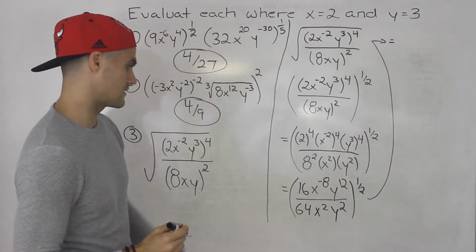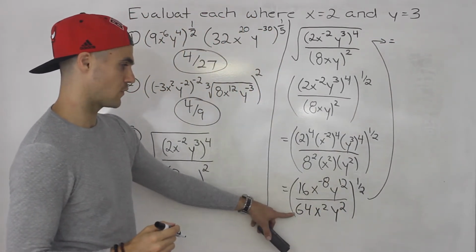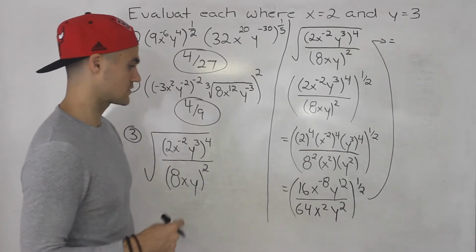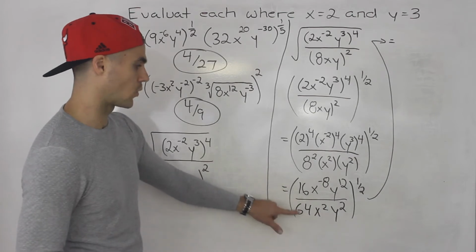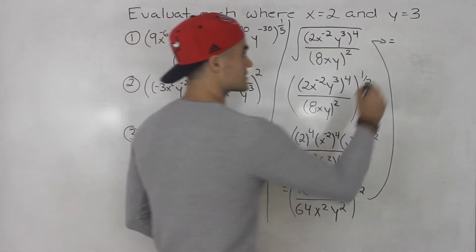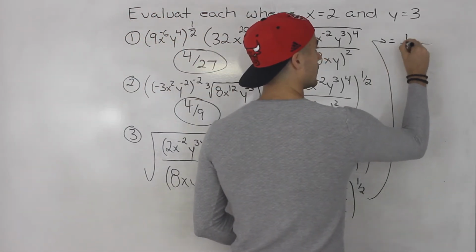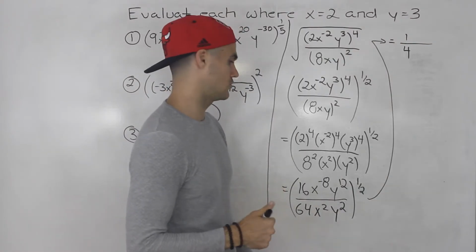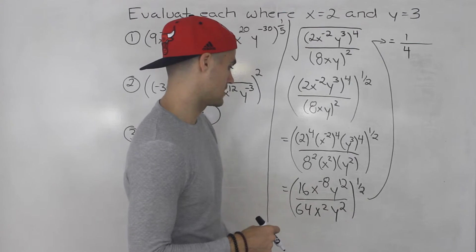So how can we simplify this? 16 over 64, that simplifies to what? 16 is a quarter of 64, so that would be 1 over 4. The 1 we don't actually have to write unless there's nothing left in the numerator, and I think there will be.